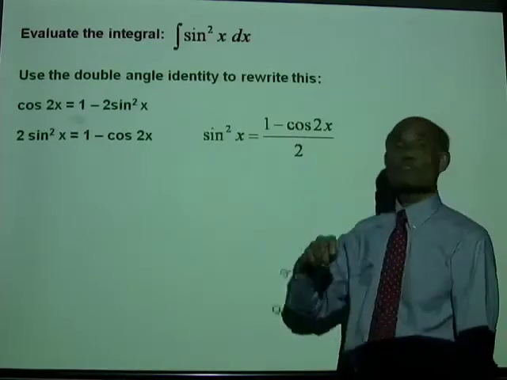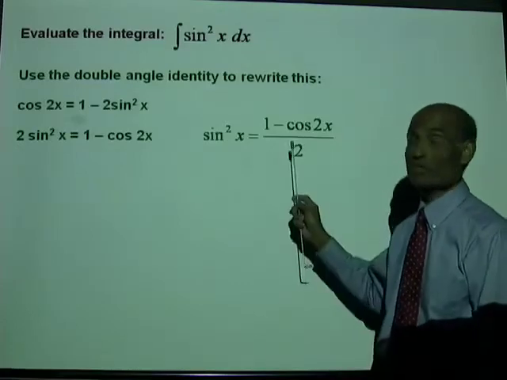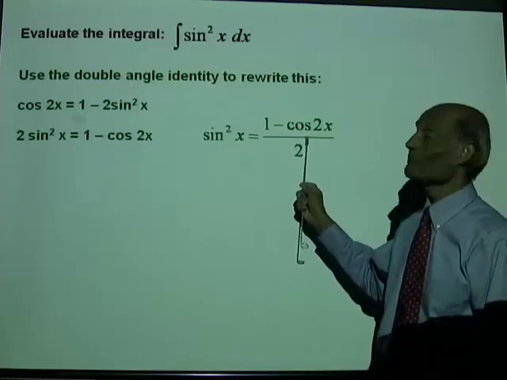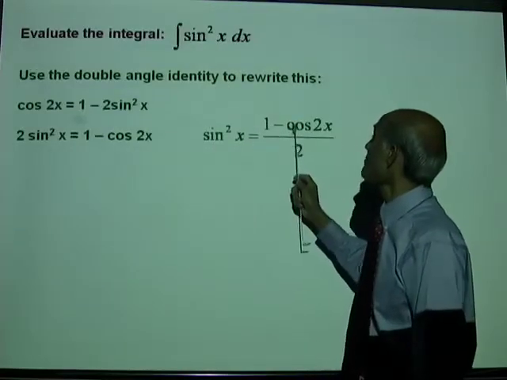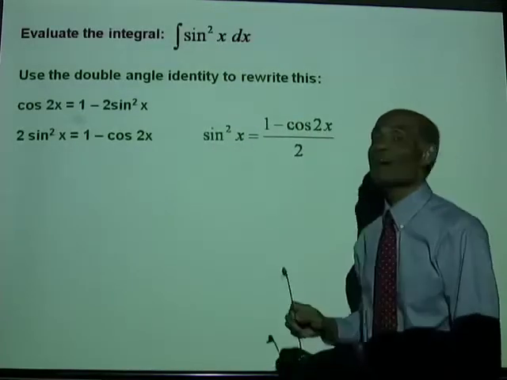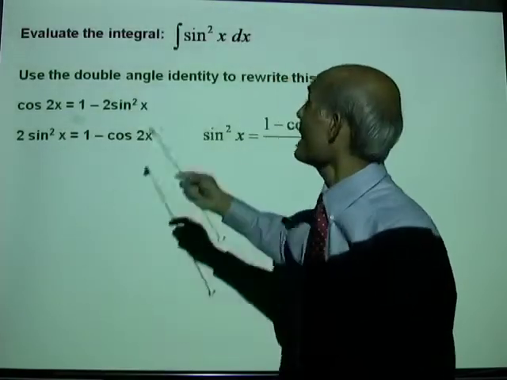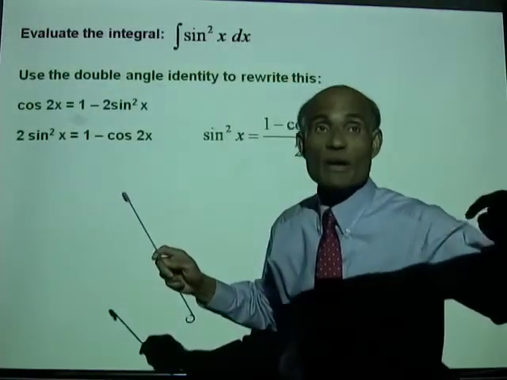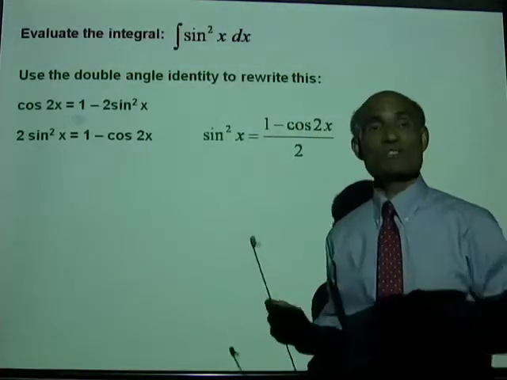And this can be integrated. Is that right? Yes, it can be. We will see. We have done this before. So now your sine squared x becomes 1 minus cos 2x divided by 2. So anytime you want to integrate sine squared x, you need to change it into this form. Alright, let me ask you.